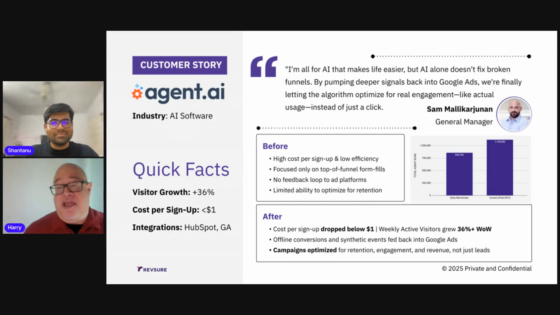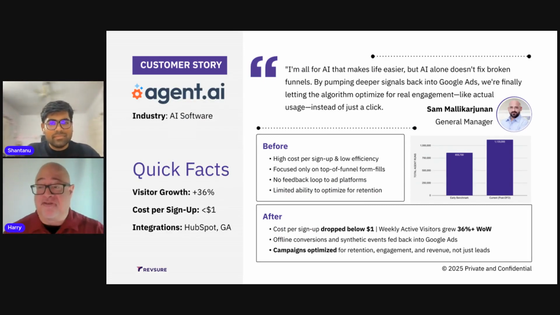So we're going to talk about Agent AI, an agentic AI system that's super powerful. It's grown from a couple hundred users a little over a year ago to over 2.1 million signups. What I really want to focus on is that the real value in this whole process of deep funnel optimization is when we add AI scoring and we're able to send those signals back. We're able to get better leads generated and targeted, particularly in the B2B environment.